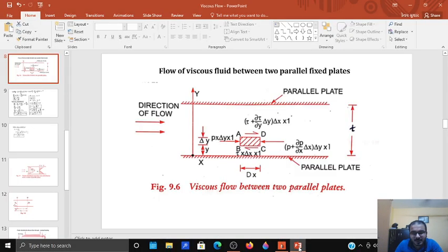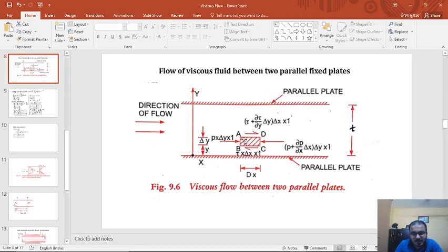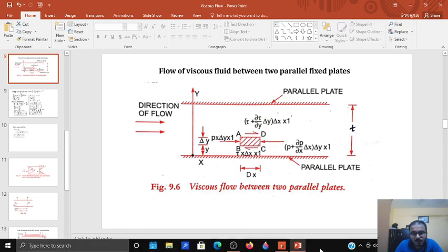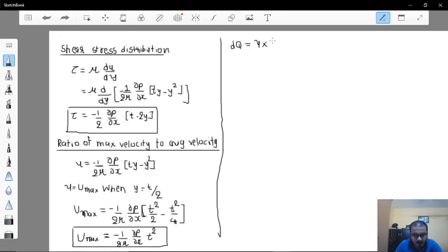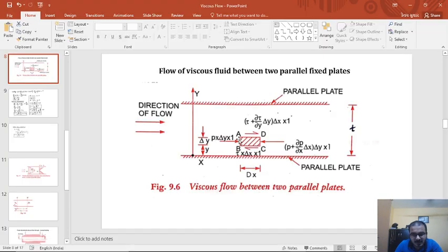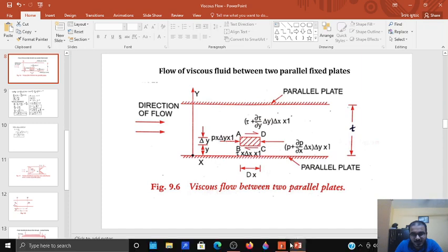The elementary area, if we see, then it will be dy into 1. Because we are considering a small strip. So what happens here, the cross sectional area, here the total dimension is t. So elementary small section will be dy, and the depth inside this is unity. So that's why it is dy into 1.